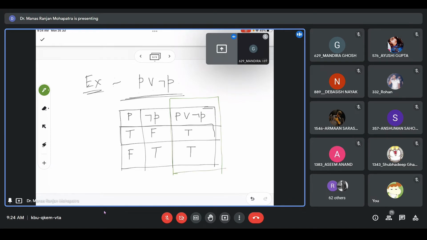Whatever the truth values of P and negation P, P disjunction negation P is always true. So you can say P disjunction negation P is a tautology.